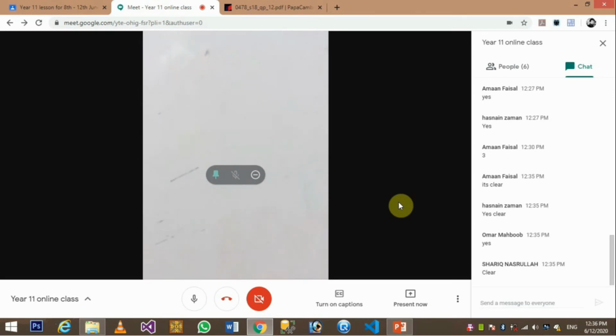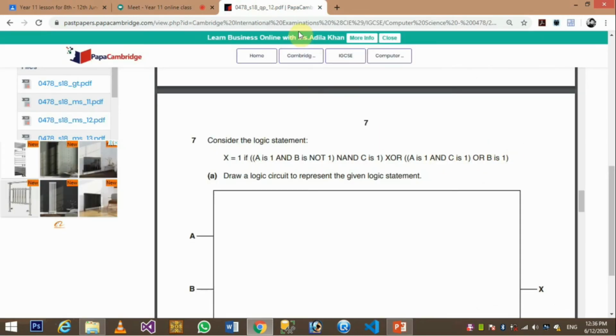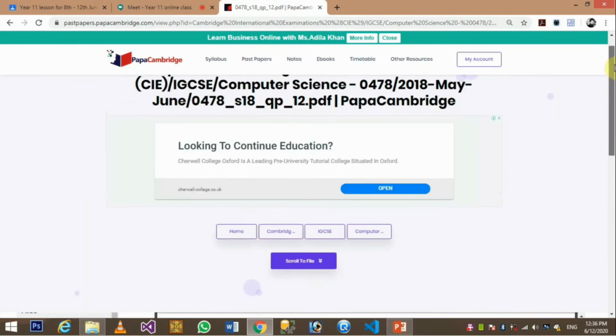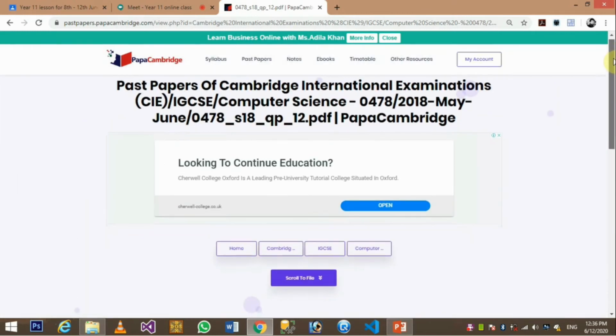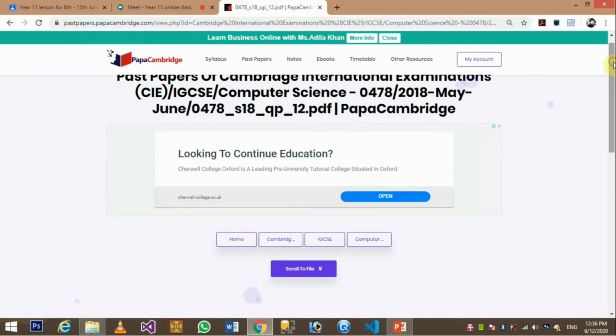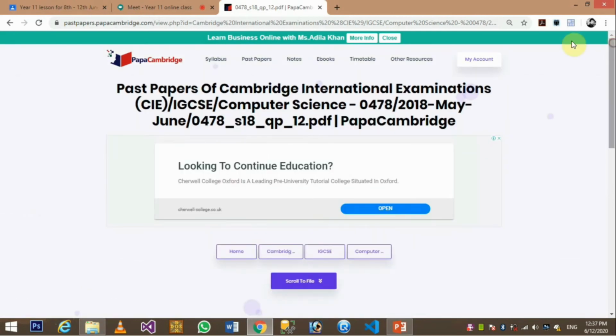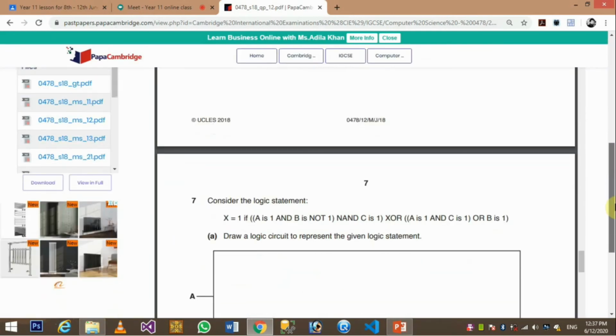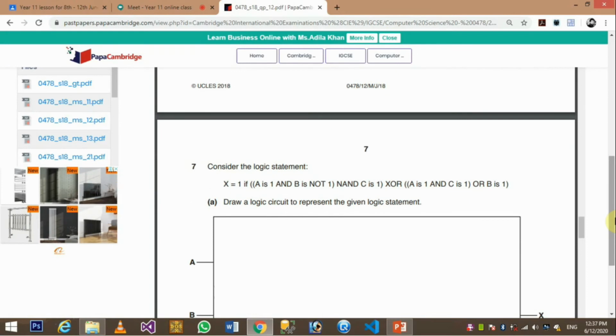All right, everybody. I have with me the past paper of 2018 May June, question paper 1 variant 2, and I have this question, which I'm going to write here. The logic statement is given, right? I'm going to write the logic statement for you all.